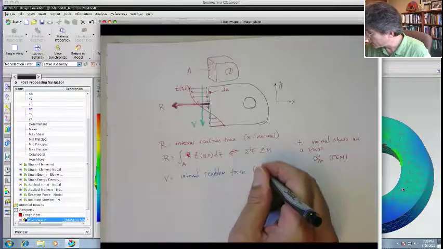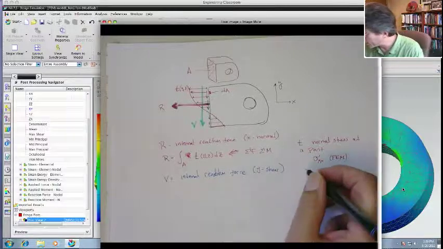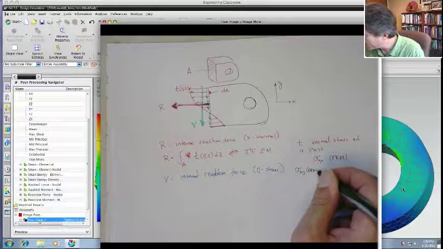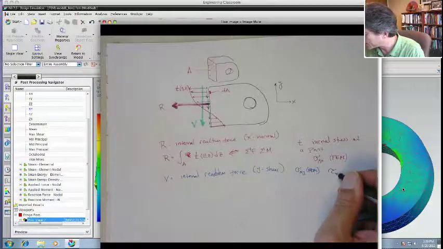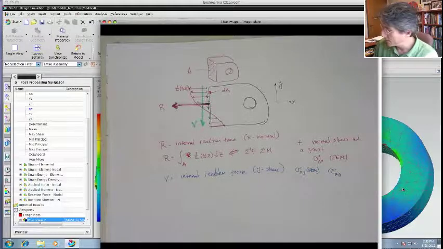That's in the y direction. That's due to shear. This is what comes about from sigma xy in the FEM model. Or what we're going to call this, tau xy later on. People use tau for shear just as much as they use sigma.